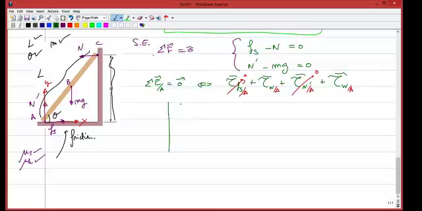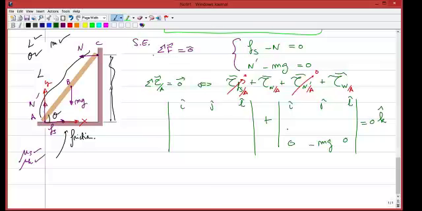Let's write two terms just to be safe. One for the torque due to N, one for the torque due to mg. This must be equal to 0 k in 2D. Let me start with mg. This is negative mg, no problem. And for N it is negative N, 0, 0. Position vector.